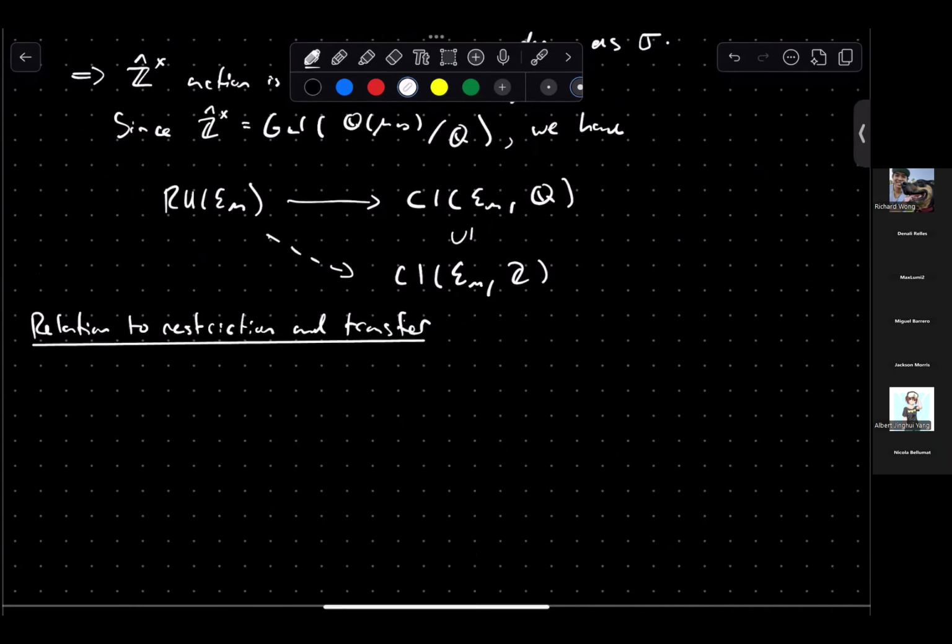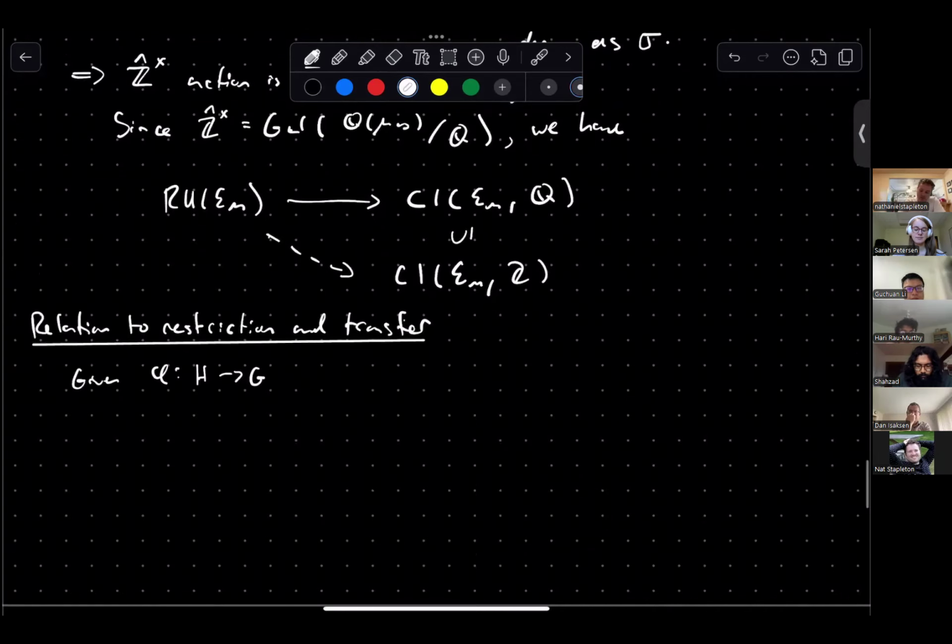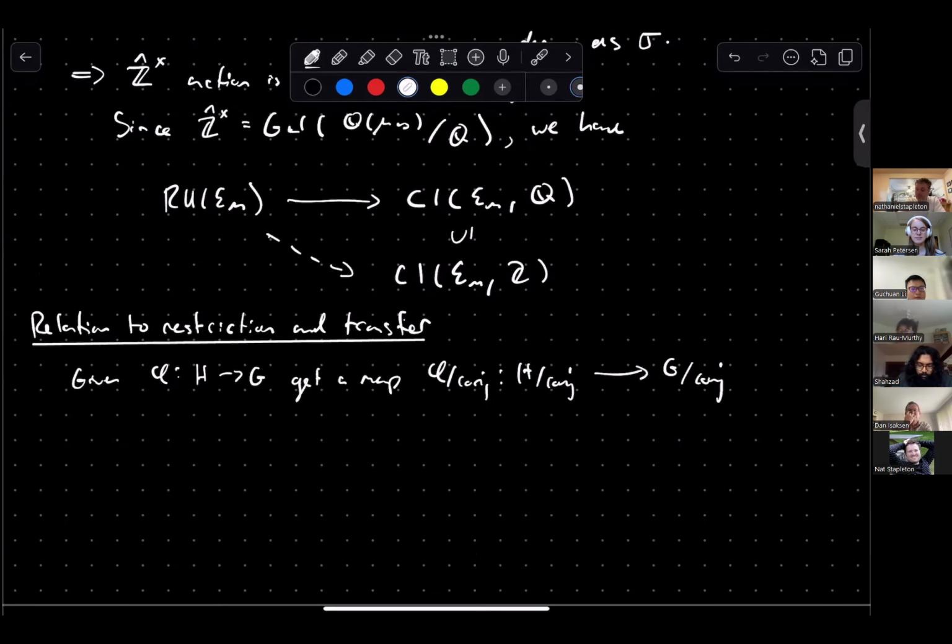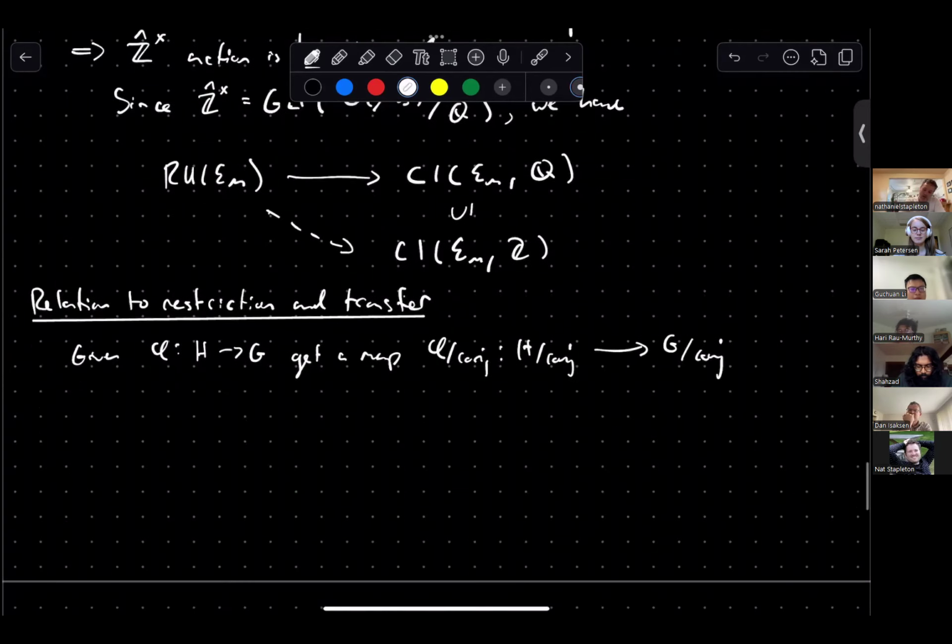This one's pretty easy. So if I have some map φ from H to G between two groups, we get an induced map, which I'll call φ mod conj, from H mod conj to G mod conj. And I can just take functions on this map to get a map the other direction.